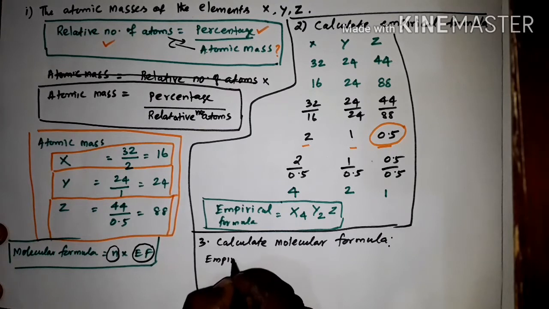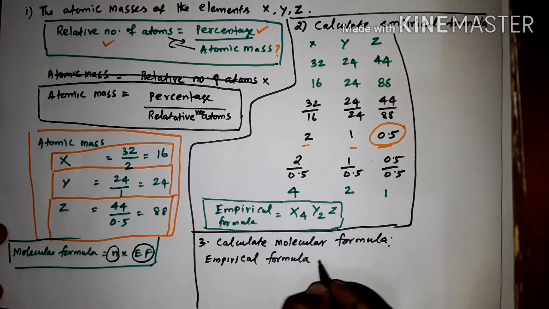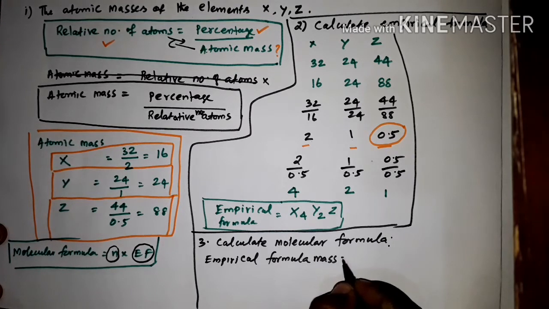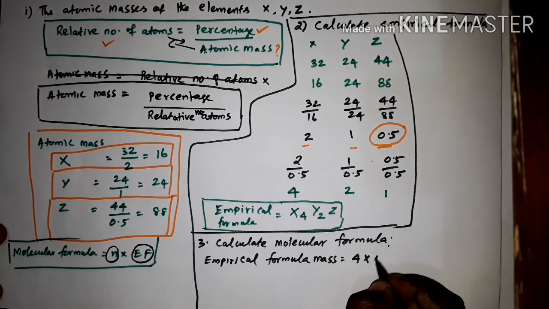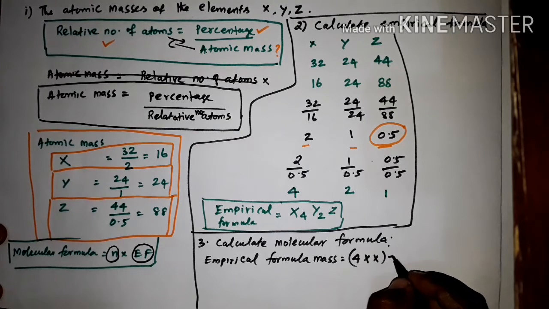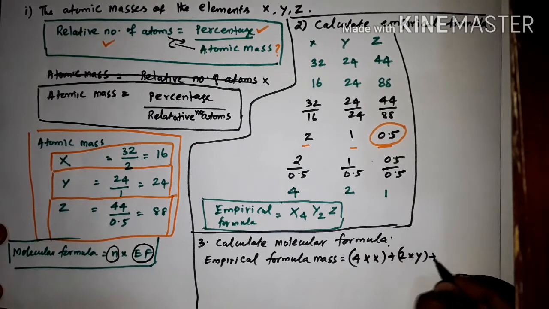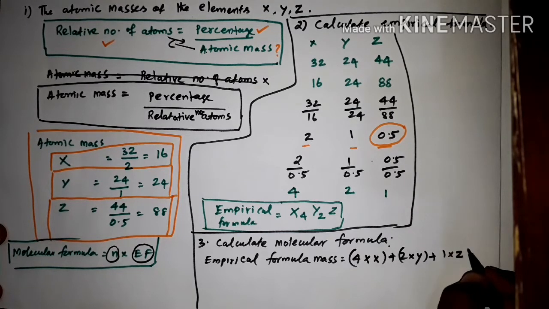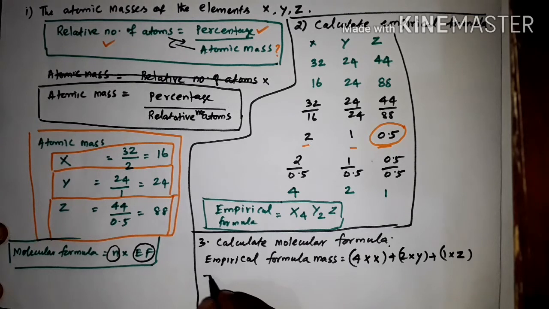Empirical formula mass equals, see there are 4 X, 4 into X plus 2 into Y plus 1 into Z. Okay, so I am writing here. So 4 into, what is the atomic mass of X? That is 16.